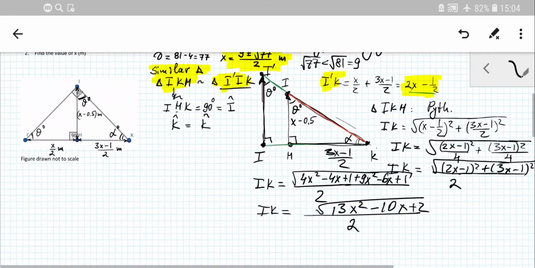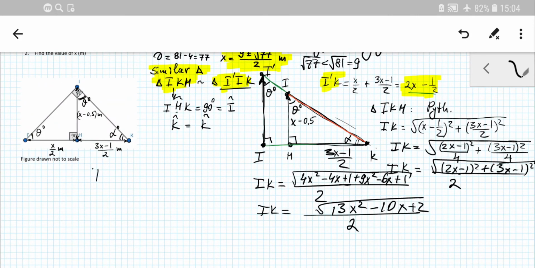So what we're going to do, we need to set up proportions for the sides. So the smallest side, IH, relates in a ratio to IK the same as HK, again the smallest side, to IK again.